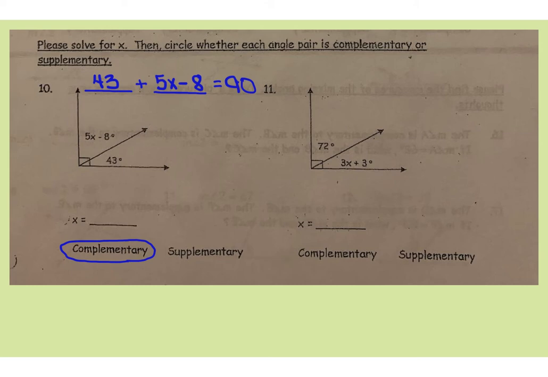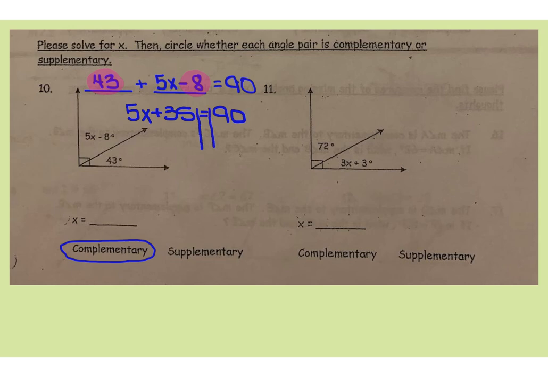Combine the like terms. Where are the like terms? 43 and negative 8. So we keep our 5x. What do 43 and negative 8 give us? 35. So a positive 35. And it equals 90. Let's solve our equation. What first?